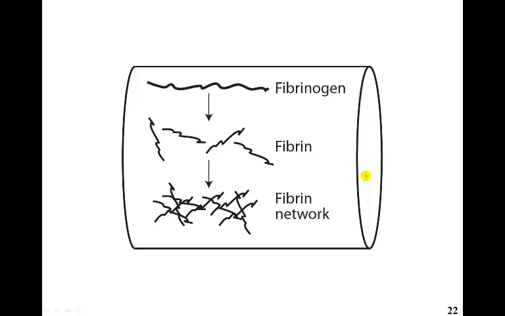So the conversion of fibrinogen to fibrin is really the key step in the formation of a blood clot. And so now the question is, what causes that? The answer is that there's an enzyme in the blood called thrombin that can break fibrinogen down into fibrin. And that's what's responsible for the formation of the blood clot.